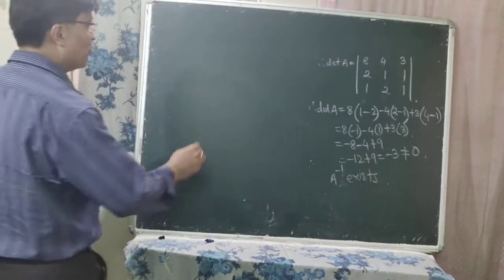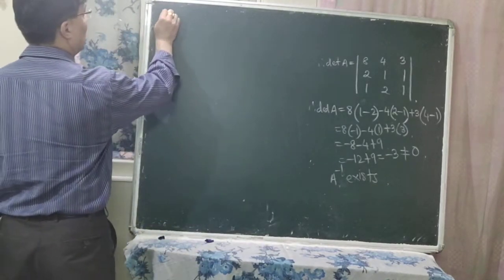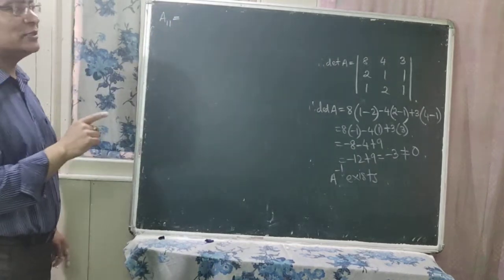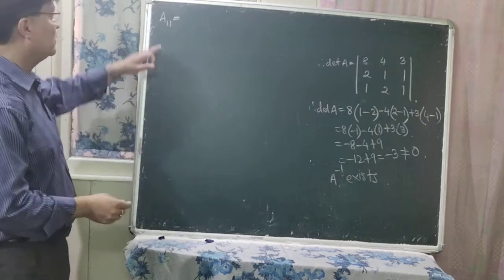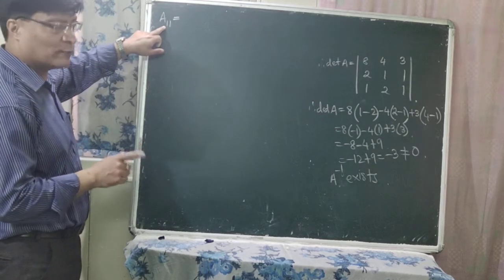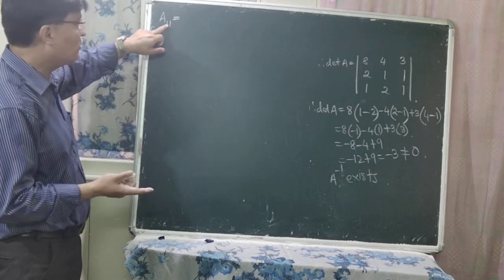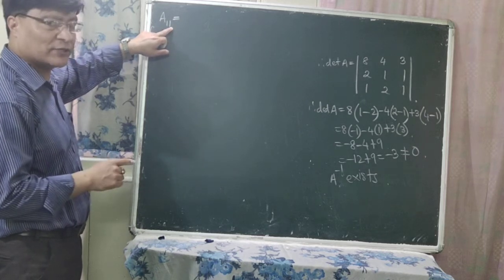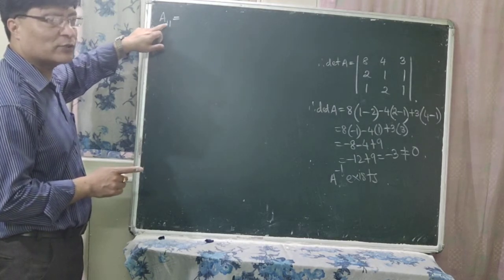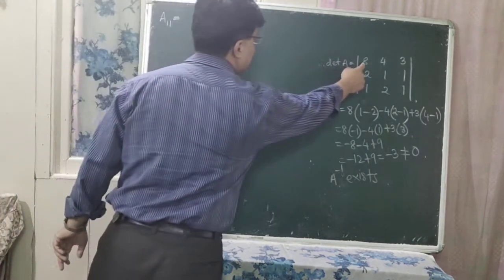So now first of all, let us find out A11. You know what A11 is? The first index indicates the first row, the second index indicates the first column. A11 means the cofactor of the element belonging to the first row and the first column. That means 8, isn't it?